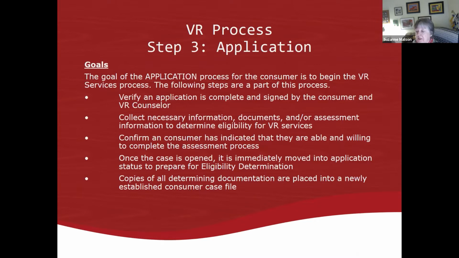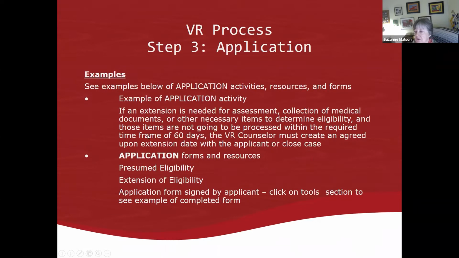And then copies of all determining documentation are placed into the newly established consumer case file. If your process is a little bit different, that's okay. But as long as you are looking at these proposed goals, you can see that you are right on track in what you're doing in your communities.